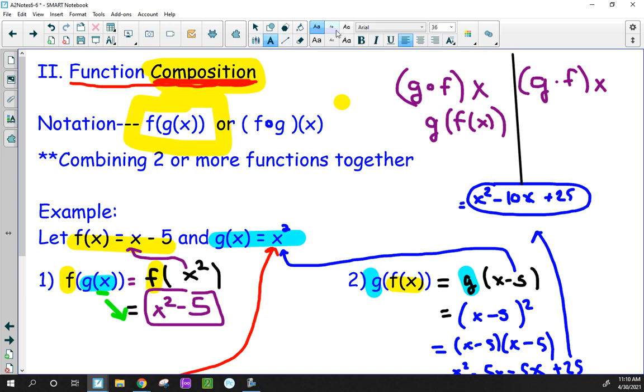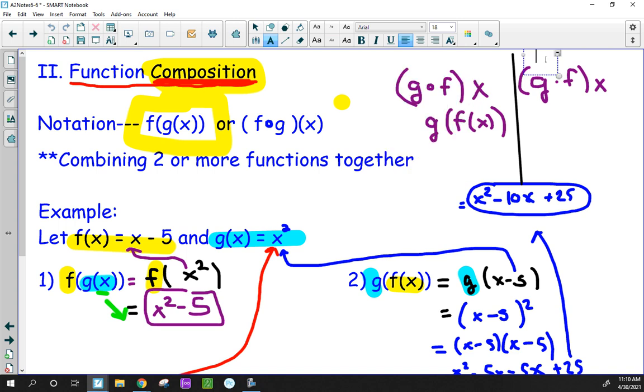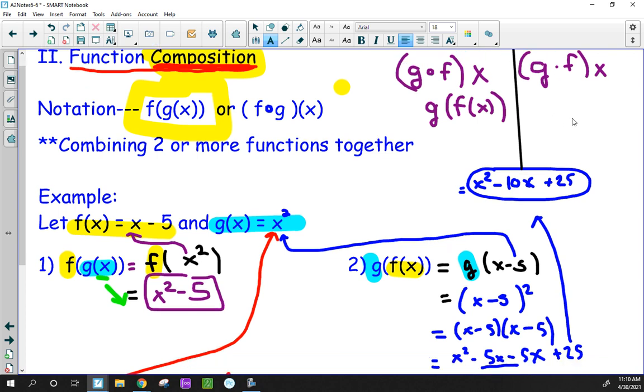Okay, so again, be very careful. This one means multiplication, whereas this one means composition. Okay, so basically look at the circle. If it's open, it's composition. If it's closed, it's multiplication.